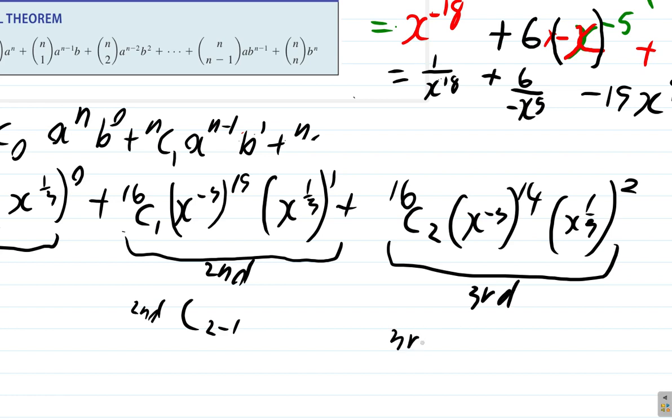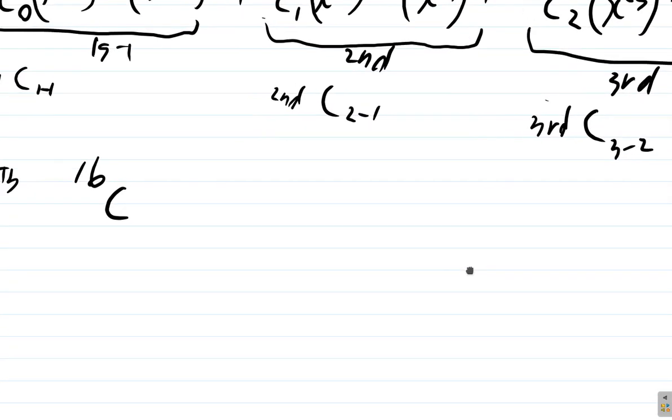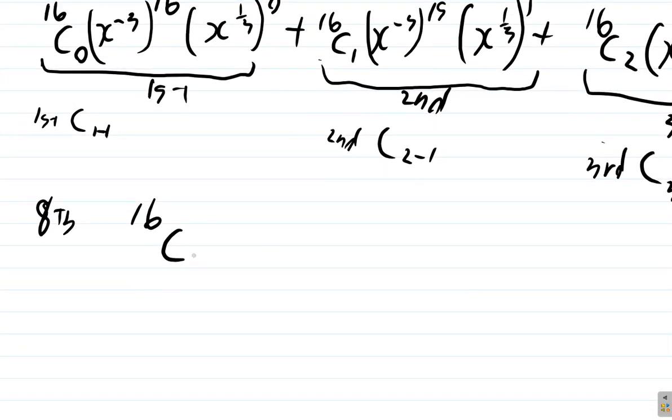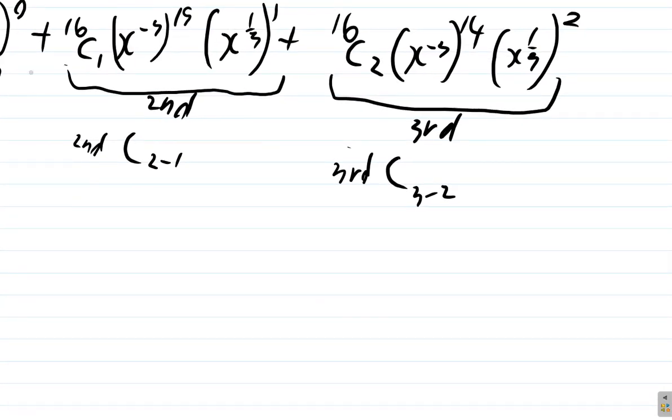For term number 3, what you have here is C 3 minus 1, which is 2.